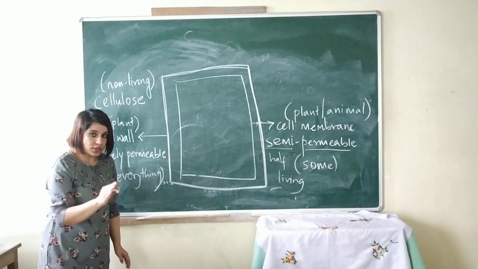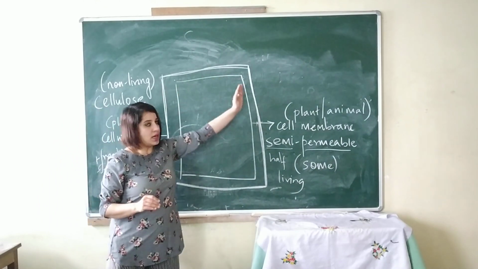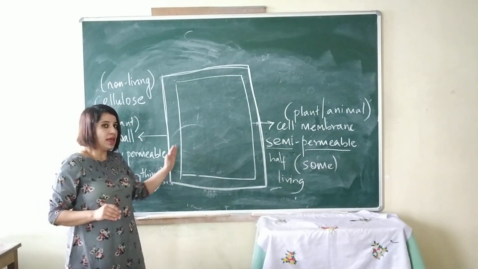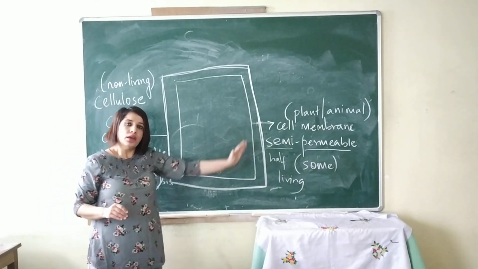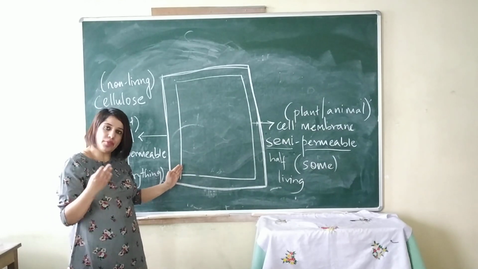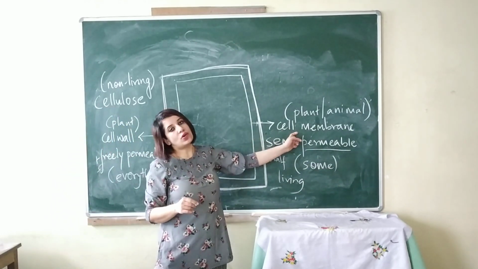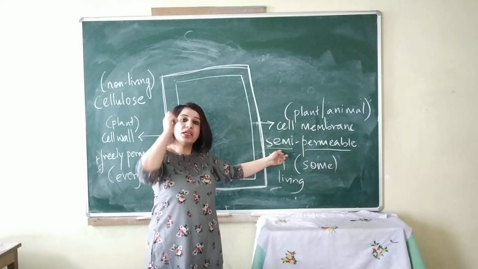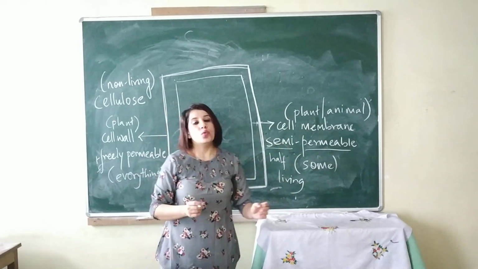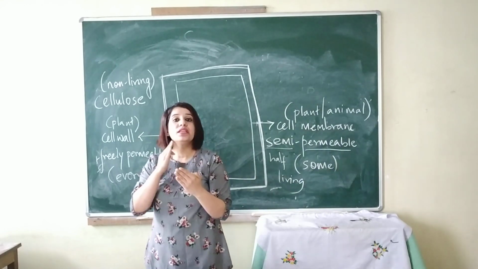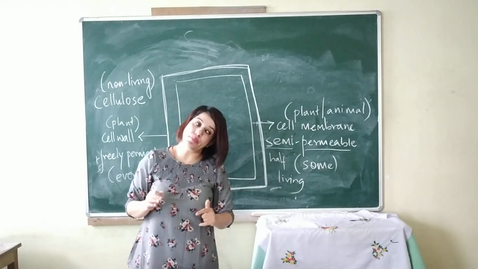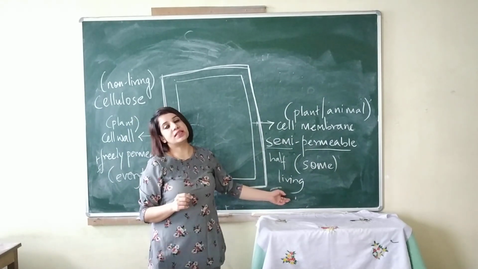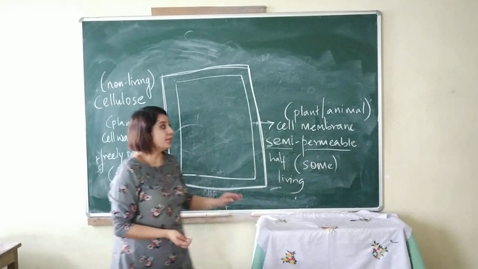Okay, so once more, both plant cell and animal cell have a wall or a membrane that protects it. This is called the cell membrane. It is a semi-permeable membrane, which means it allows only some substances to pass through it, and it is a living membrane.